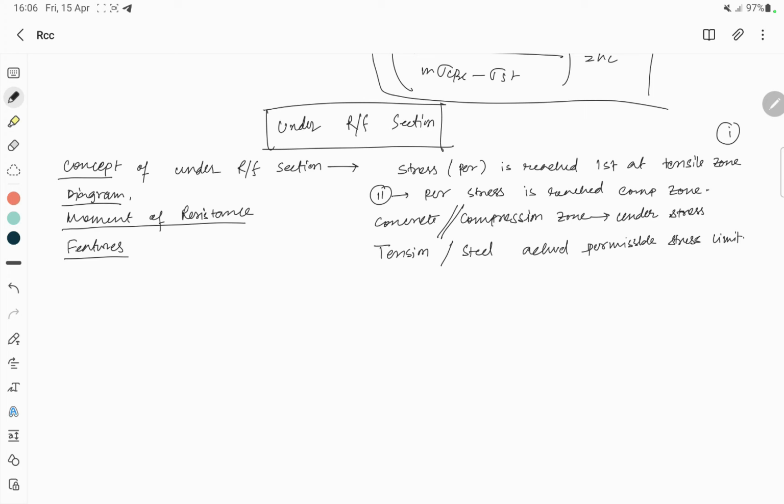Okay, so now we understand the diagram, then the concept will be clear for you.